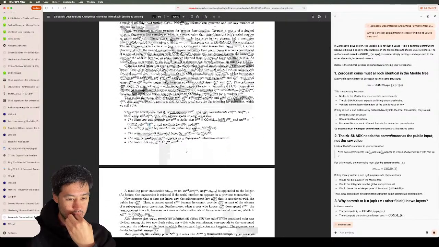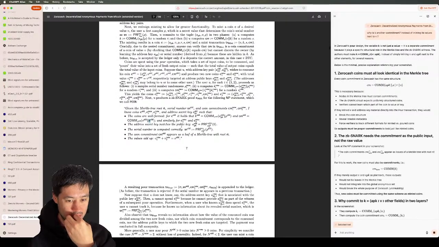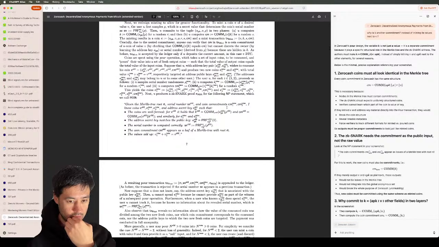Wait, how do we create the commitments, the new commitments? Maybe let's look at that. And similarly for, it doesn't talk about CM1 new. Oh, it's here, right?